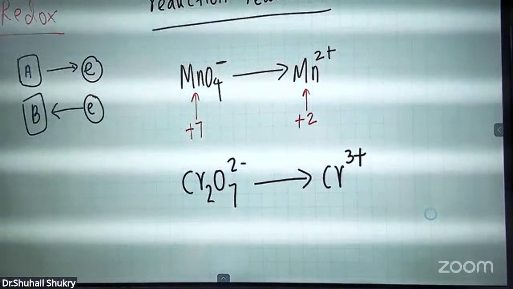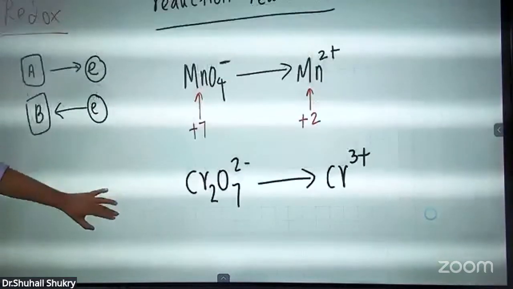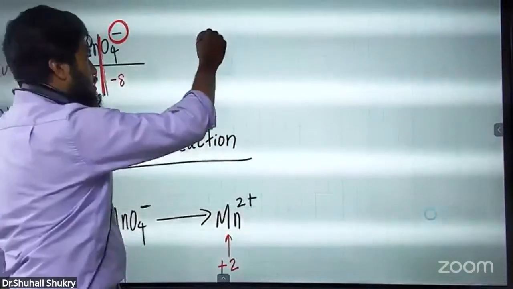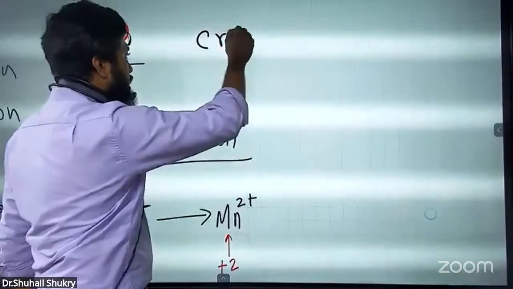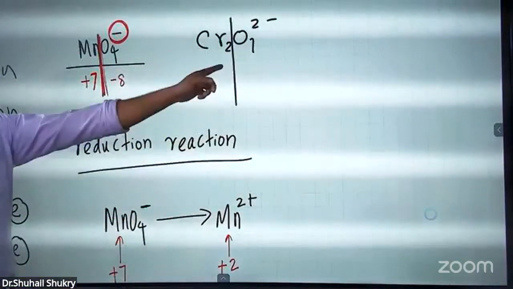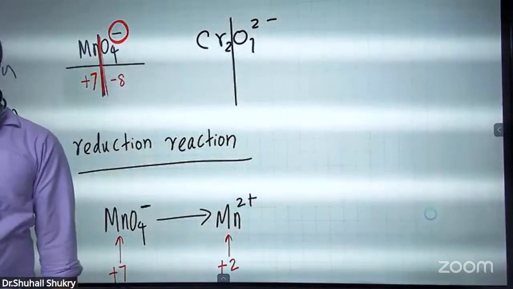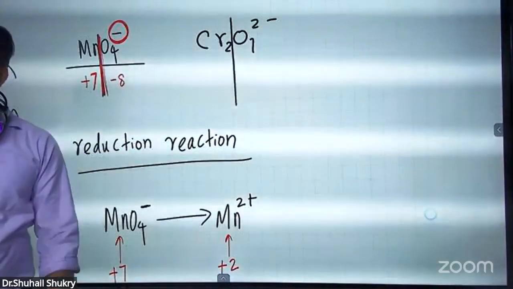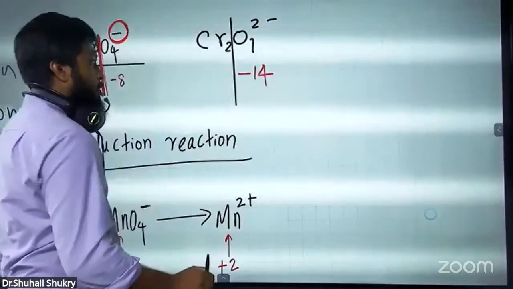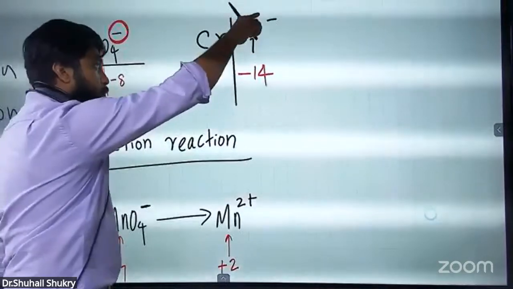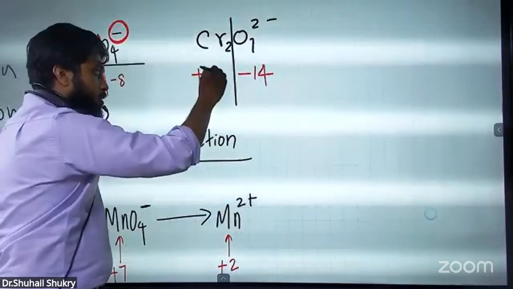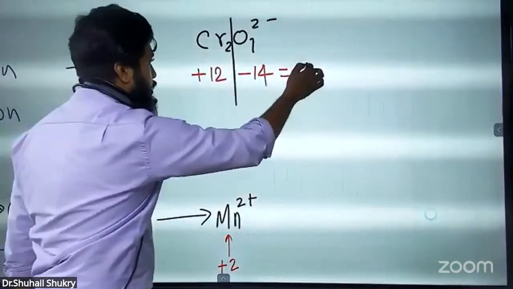Again, Cr2O7 2 minus. Let's see what is the oxidation number of chromium. One oxygen is how much? Minus 2. Then 7 oxygens, minus 14. Then I want to get minus 2 as the final charge, so what should I write here? Plus 12. Only then will this be equal to minus 2.